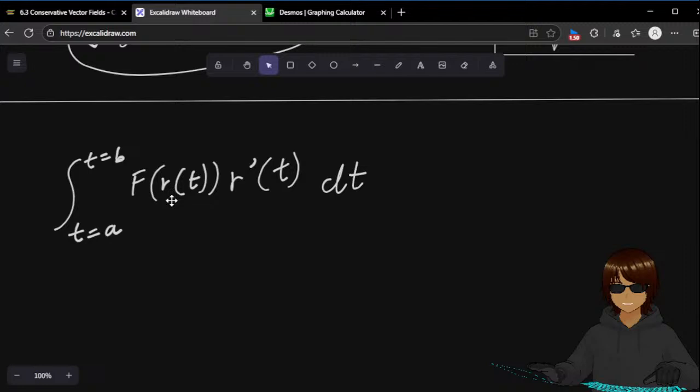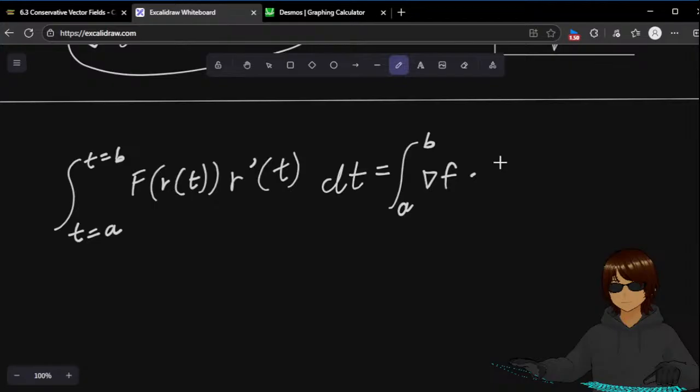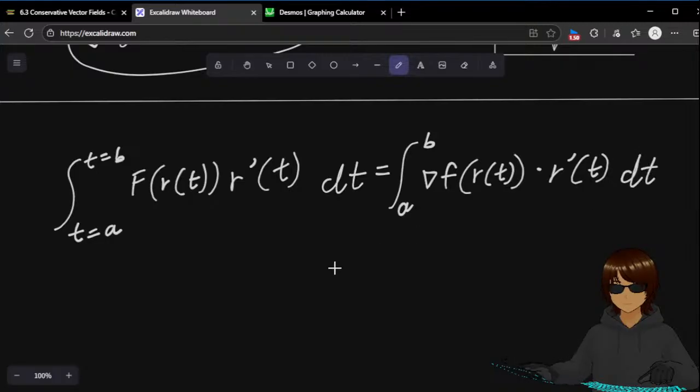So if F is a conservative vector field, then I can write it as the gradient of g, and the fundamental theorem says that I take f at point B minus f at point A, and that is equal to this.